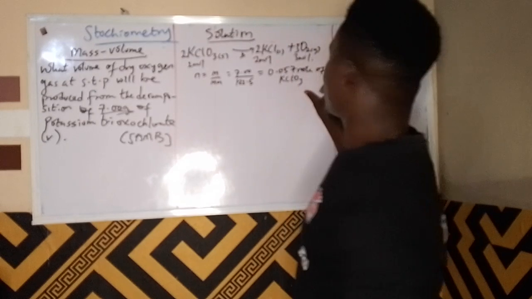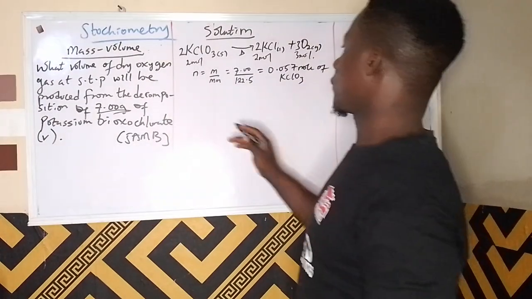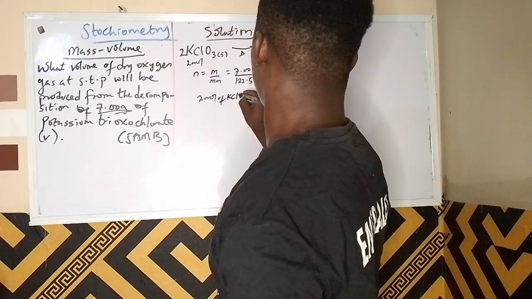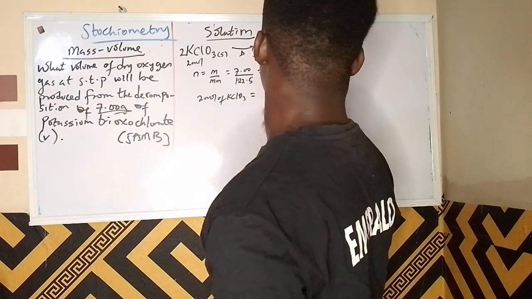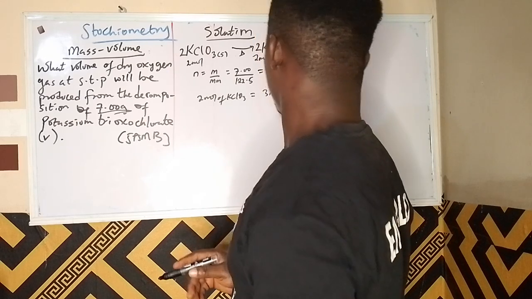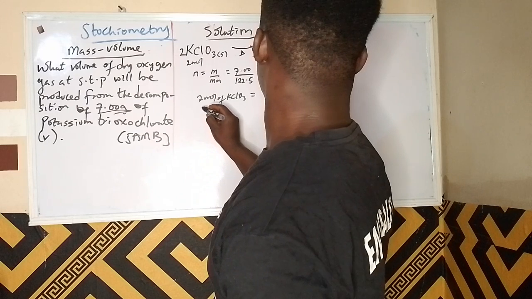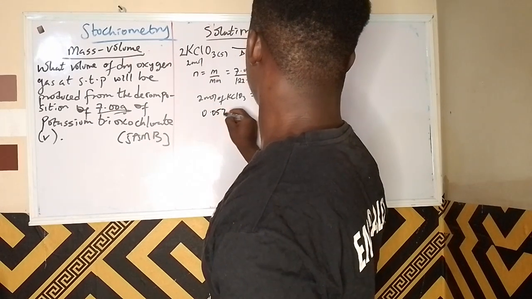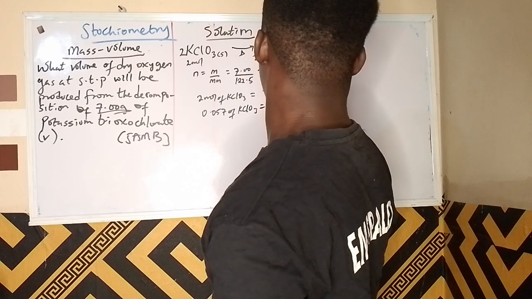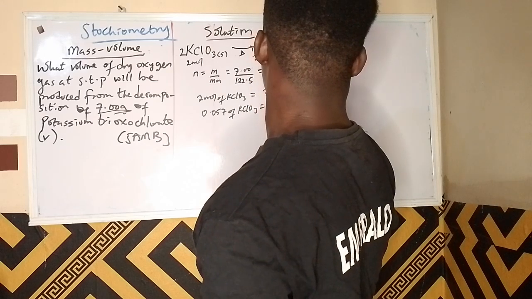Now, after getting the moles of KClO3, we can say if 2 mole of KClO3 gives us 3 mole of O2, then 0.057 mole of the same KClO3 will give us X mole of O2.